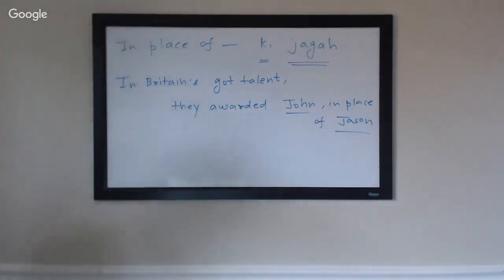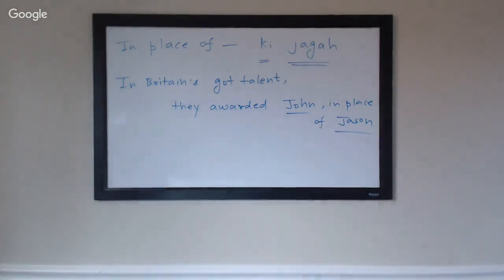Your task is to translate the sentence into Hindi. Okay, they awarded. So think about award. Don't worry about the Hindi word for it. Just use the English word, award.